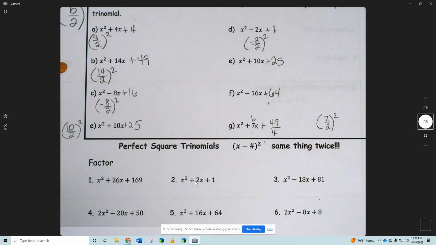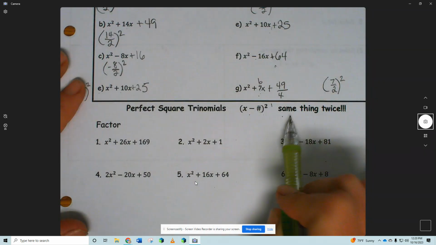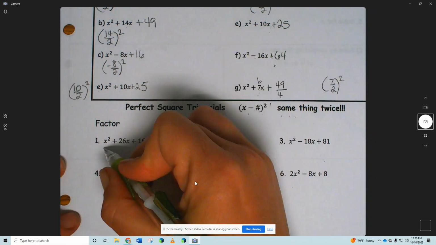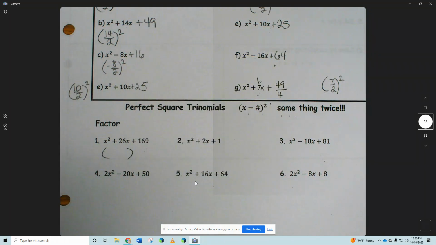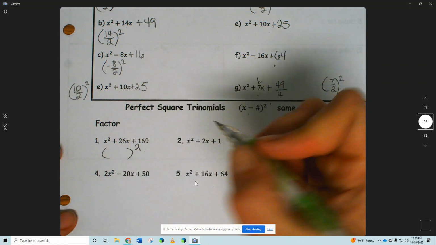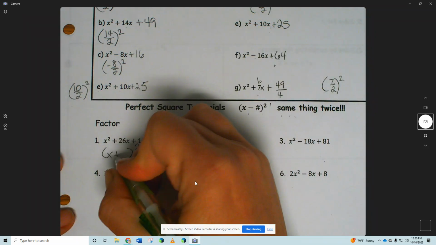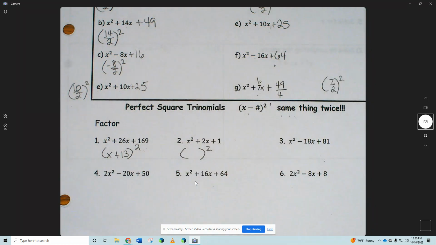All right. Number 1. I've already factored it for you. This is going to be the same thing twice. I've already given you C. So you tell me, what was that number when you cut 26 in half? Because that goes here. 13. Number 2. What is that thing in parentheses?